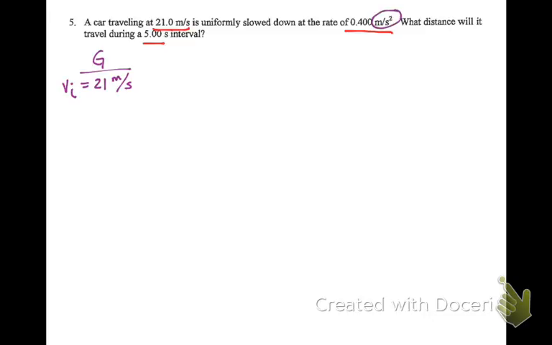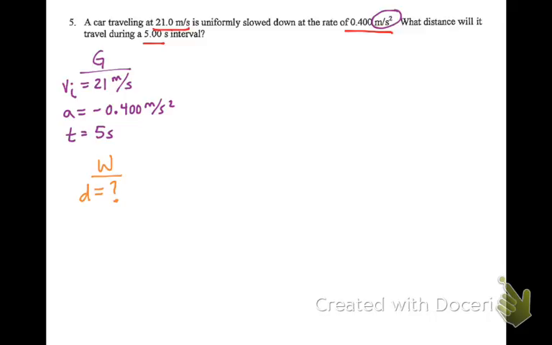That means they're telling you that's our acceleration. It's actually a deceleration, so be careful. It's negative 0.4 meters per second squared because it is being slowed down. Our time is 5 seconds. So what are we solving for? What is the distance it will travel? So our wanted is our distance.